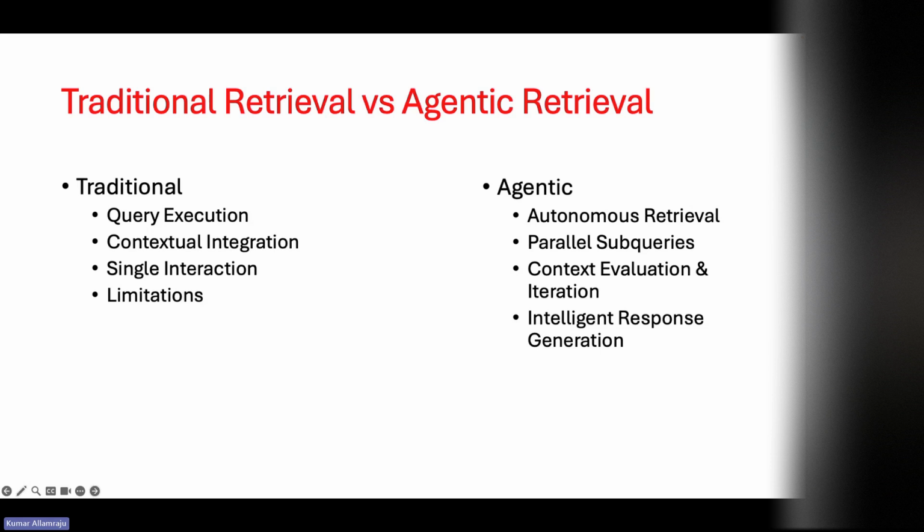Again, this all worked great in the initial phase, but as we continue to adopt new technologies and new models, it may not fit our ever-increasing needs, right? So the limitation is obviously that the quality of the response is highly dependent on the initial retrieval step.